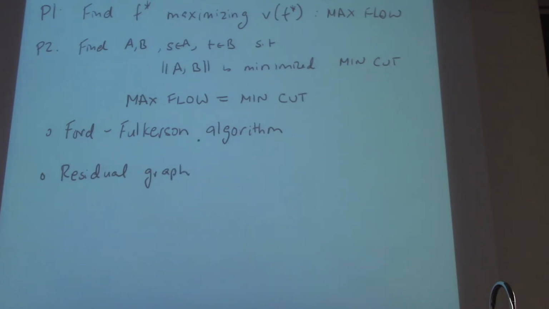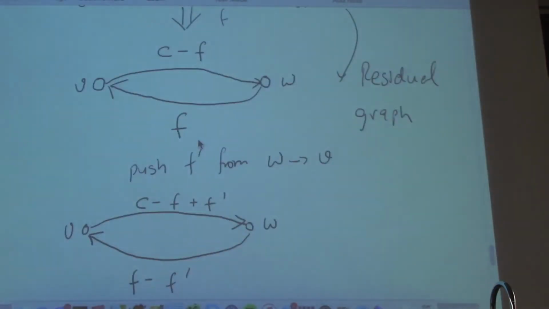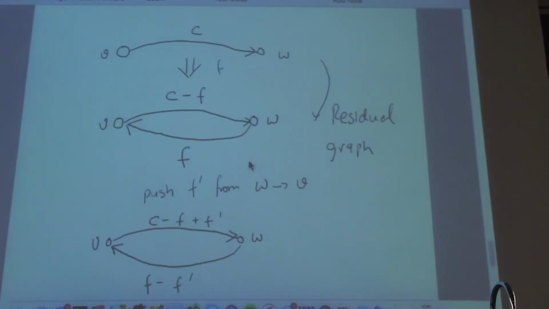If you recall, the idea of a residual graph was that if you have an edge from V to W and you push F units of flow on it, of course its capacity effectively reduces to C minus F, so that edge is still there. But what you added is this back edge of capacity F, because you're saying, I can now actually push backwards up to flow F if I want to change my mind.